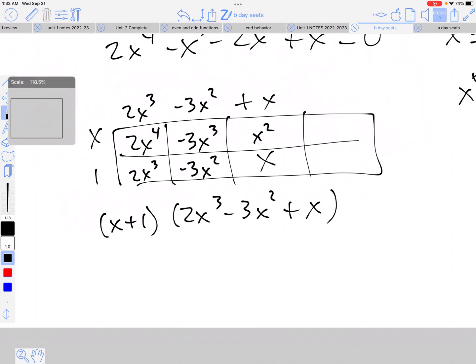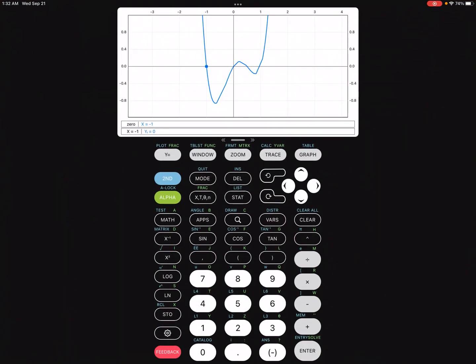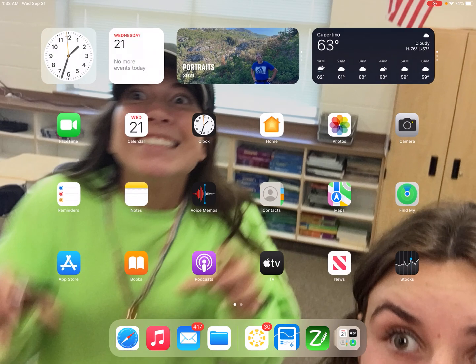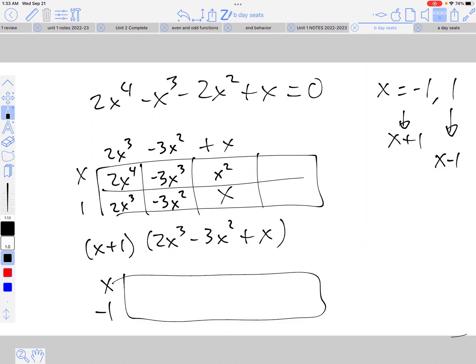All right, so remember, I already knew that there were more, so let's check 1. So I hit trace, check 1. 1 was also an actual 0. So I also know that the factor of that is x minus 1. What we can do is we can keep dividing until we get down till it's manageable.